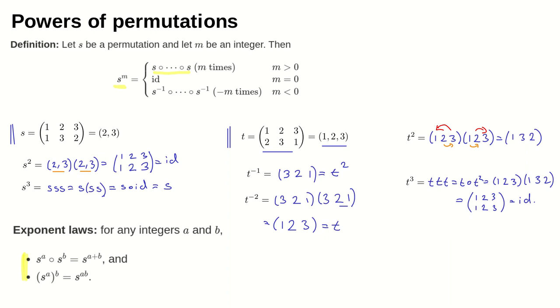In particular, looking at these two laws down here, if you multiply s to the a and s to the b, you get s to the a plus b, for any permutation s and any integers a and b. And also, if you take a permutation s, raise it to the power a, and then raise that to the power b, that's the same as s to the power a times b. So these exponent laws are often useful if you're simplifying a complicated expression using permutations.